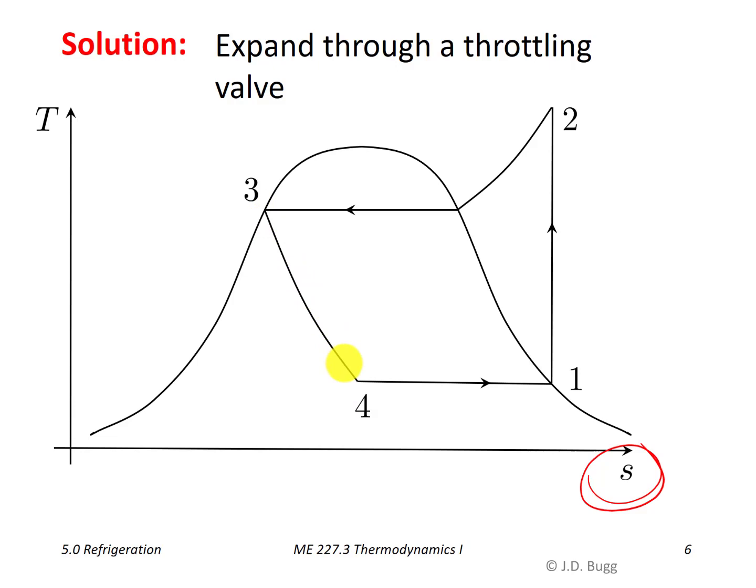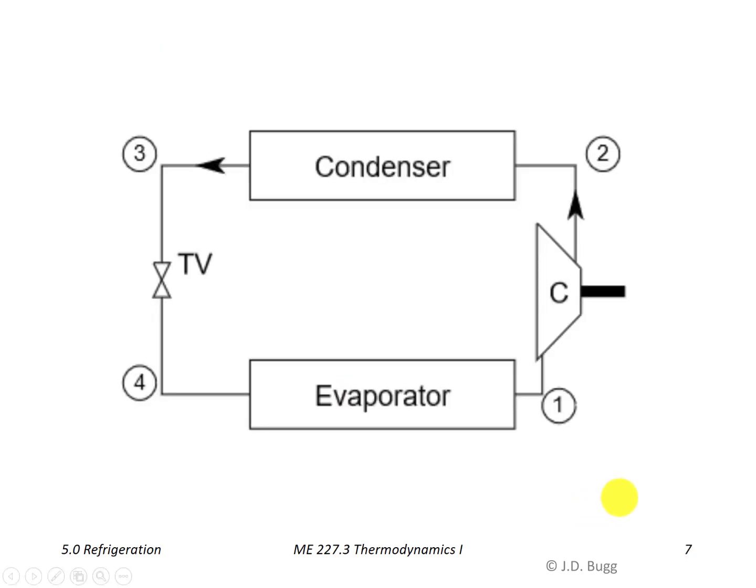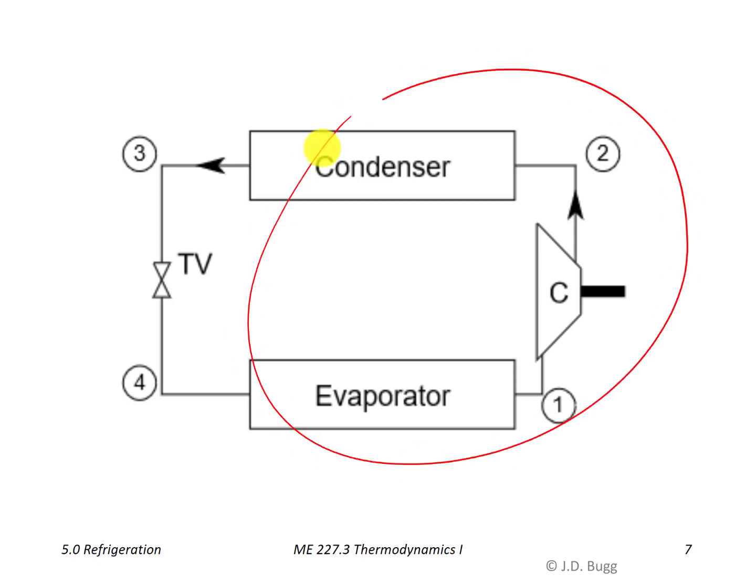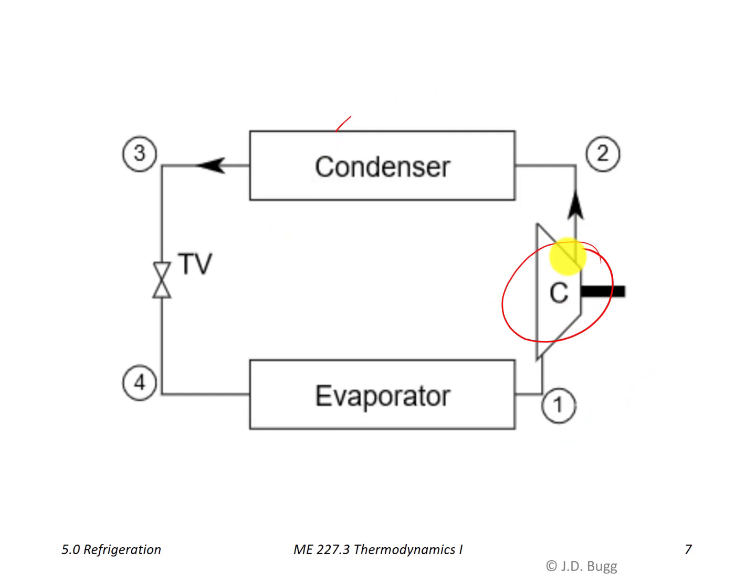So this is the throttling process, an increase in entropy as we drop from the high pressure to the low pressure. So now we have our final vapor compression refrigeration system. These three components have not changed. The only difference is our compressor is now operating completely in the vapor region, and the turbine is replaced with a simple throttling valve.